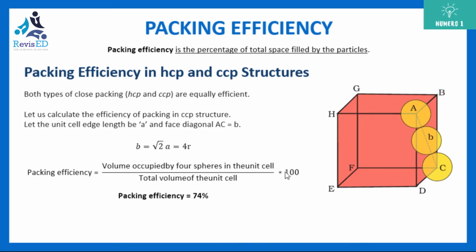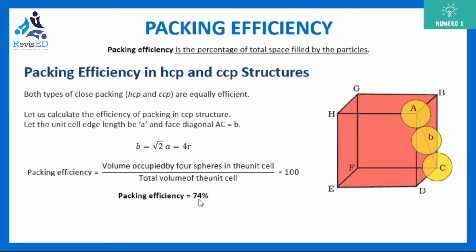And multiplied by 100, because we are calculating packing efficiency in terms of percentage. You can also find packing efficiency in terms of fraction; the result will then be between 0 and 1. So when you put the values here, it will be simply 4 into 4 by 3 pi r cube divided by a cube into 100, and use this relation to cancel out a or r.